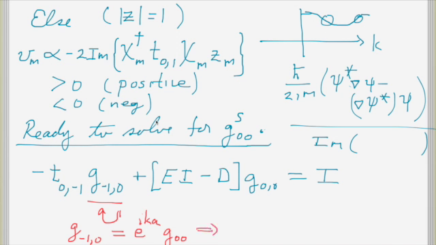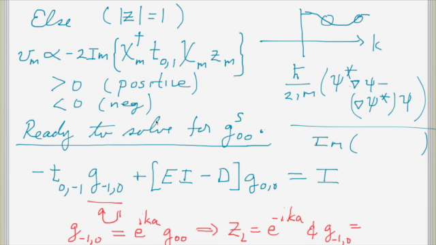we say that our leftward moving z is e to the minus iKa, and G minus 1, 0 is, this is going to clarify a question that you may be asking yourself right now.